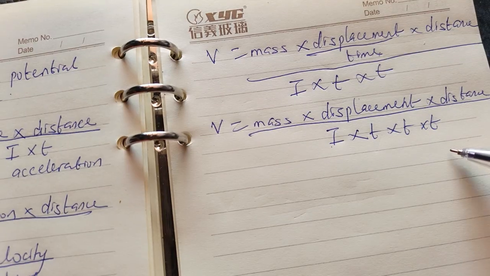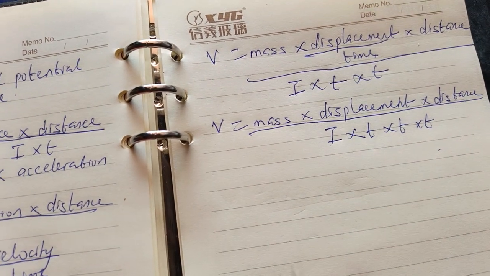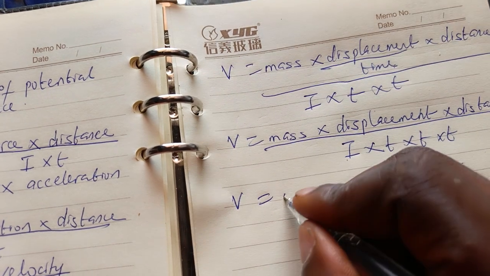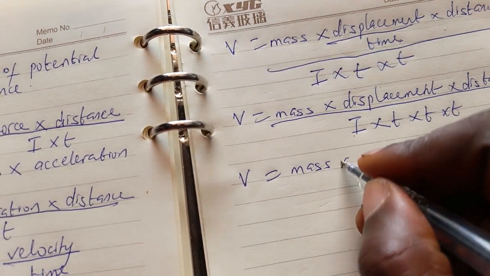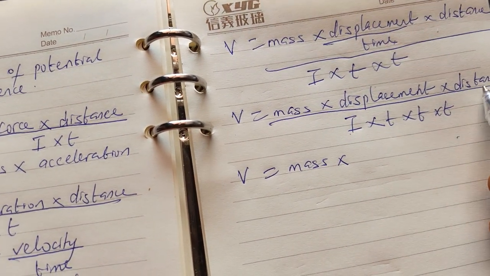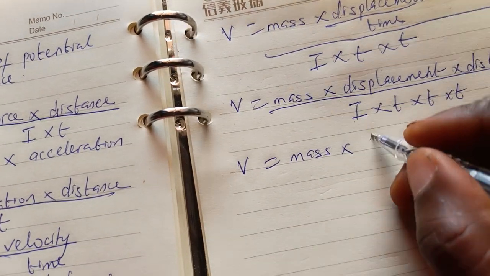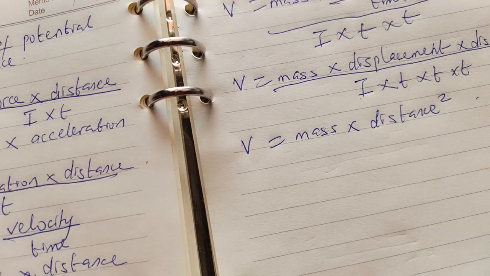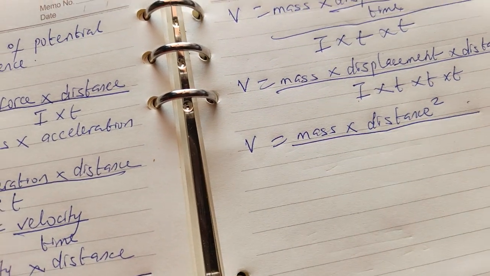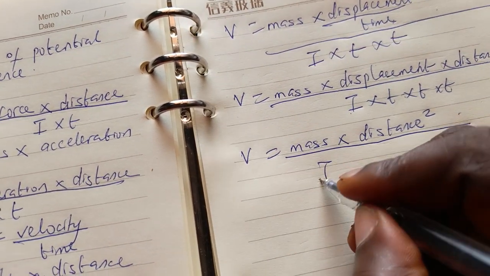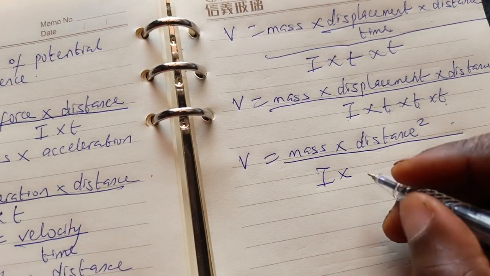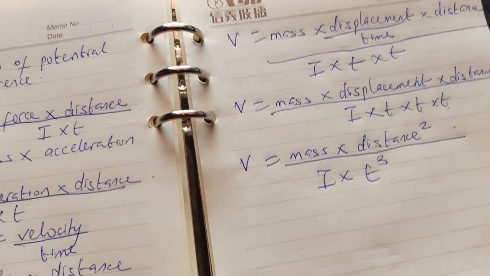This time came down as well. Good. So having this, potential difference will now give us mass times displacement times distance, which will give us distance squared, divided by current times time, which will give us time cube.